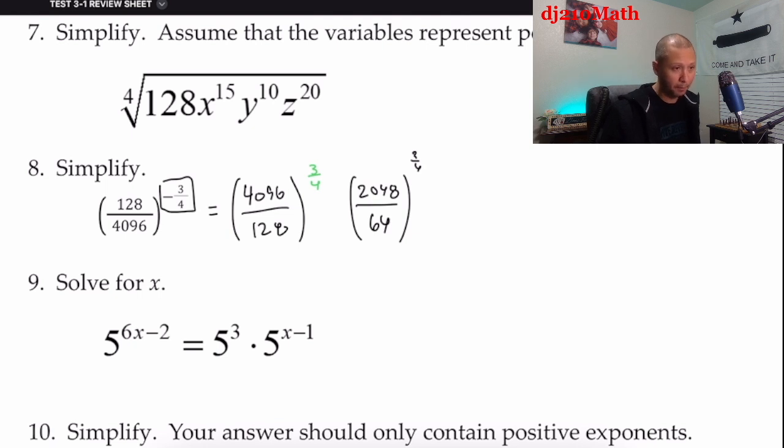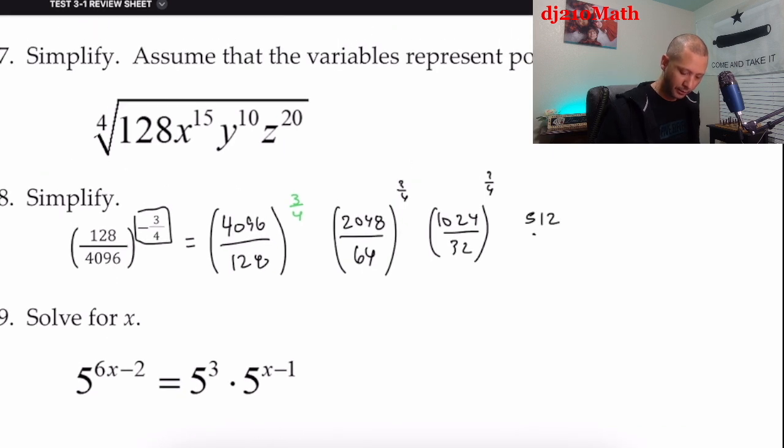Okay, again, both even. So if we reduce this by 2, we're going to get 1024 over 32. We can actually keep this going for a minute. So let's see, 512 over 16. I mean, if you can do this with bigger numbers, that is ideal. But, you know, I'm assuming that I don't see it.